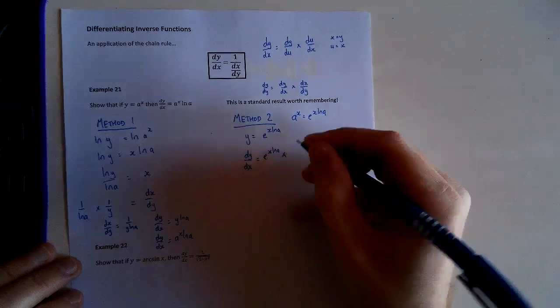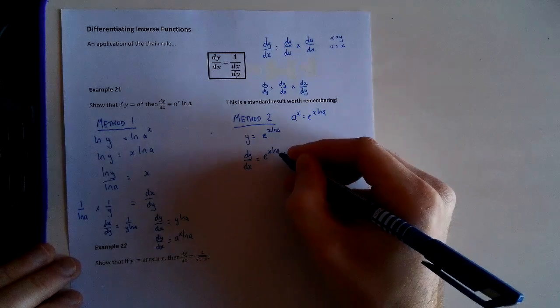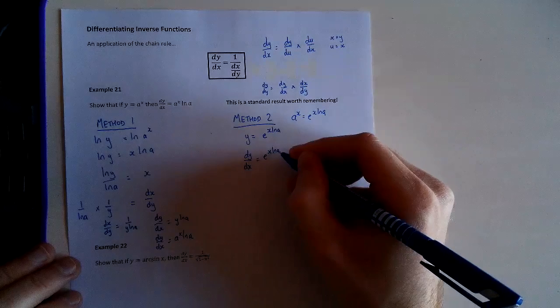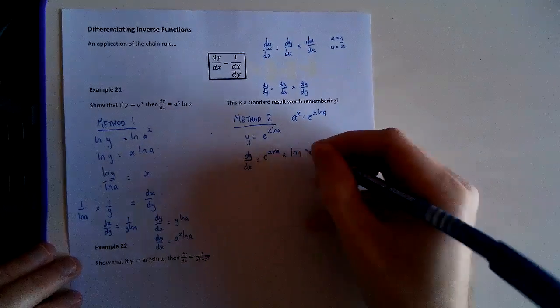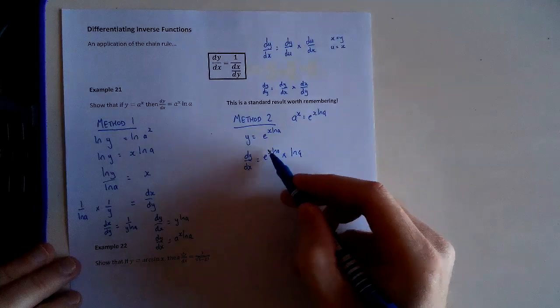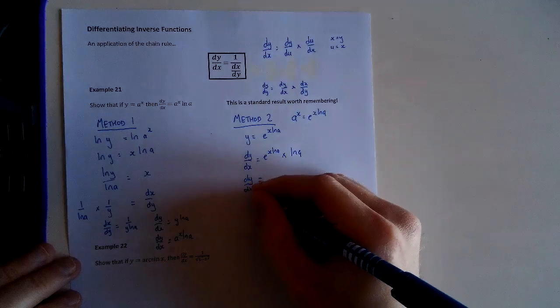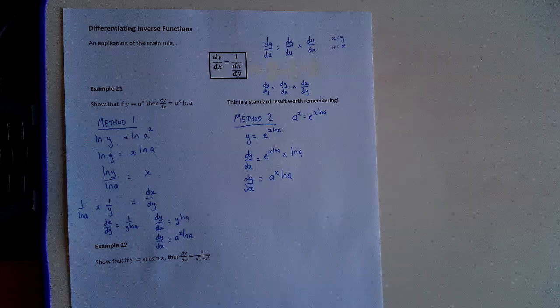But I have to times it by the derivative of the power of this thing here. Well, if I differentiate 2x, I just get 2. 3x, I just get 3. So ln a is just a number. So ln a x differentiated just gives me ln a. And I'm going to just change this back into a to the x to get dy by dx equals a to the x times ln a. Yeah, I think that way is probably a bit nicer.